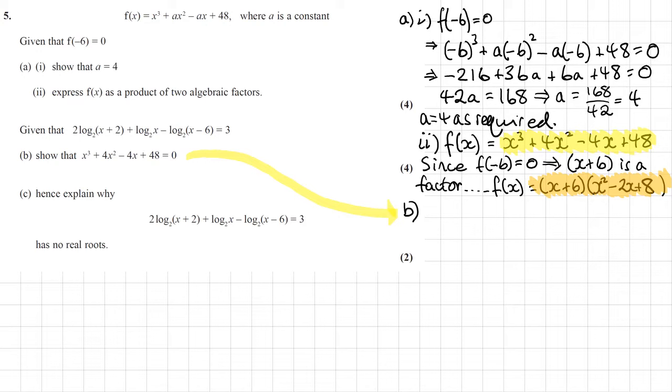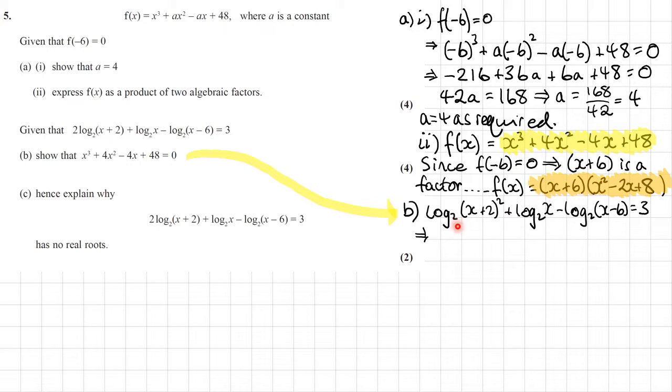Right, so first thing, whenever you've got a number at the front, that can be written as a power. So we'll have log to the base 2 of x plus 2, and the 2 becomes squared, plus log base 2 of x, minus log base 2 of x minus 6, is equal to 3. Next step, rules of power say that when you're adding and subtracting, they become multiply and divide.